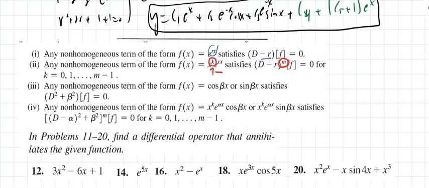Just think of it this way. This m is always k plus 1. That will guarantee that you're going to have a 0.